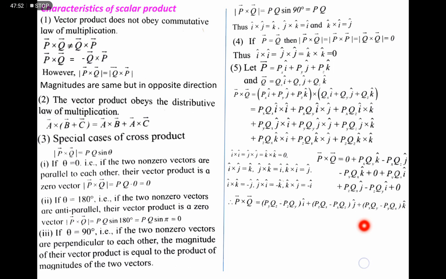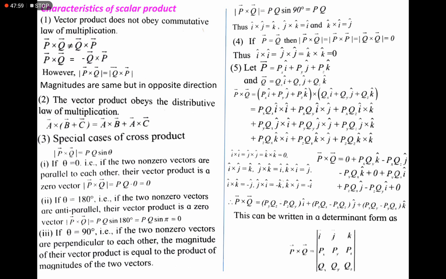So this we'll write in determinant form: p bar cross q bar is equal to the determinant with rows i cap j cap k cap, or you can say i bar j bar k bar unit vectors; px py pz, components of the vector p in the Cartesian coordinate system; and qx qy qz, components of vector q in the Cartesian coordinate system.